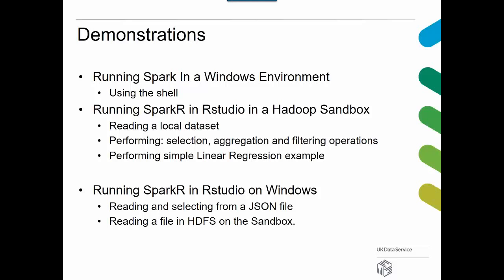We're then going to look at running SparkR in RStudio in the Hadoop sandbox, and we'll do various little examples using that. And then we'll run RStudio on Windows with SparkR, and we'll look at a couple of different types of files that you can actually load. So a JSON file type, and we'll load something from HDFS.